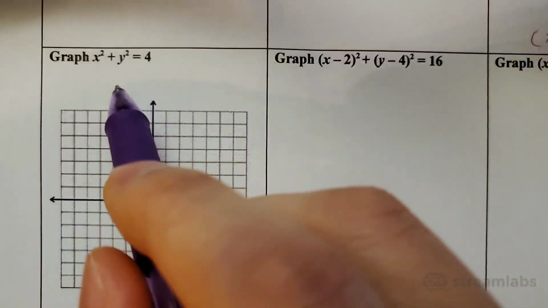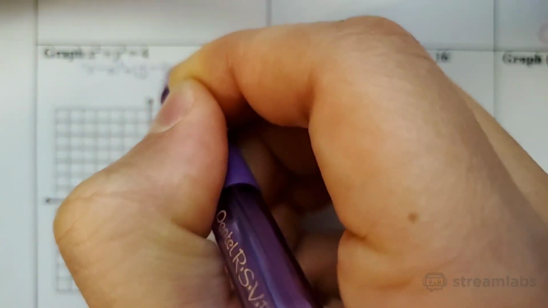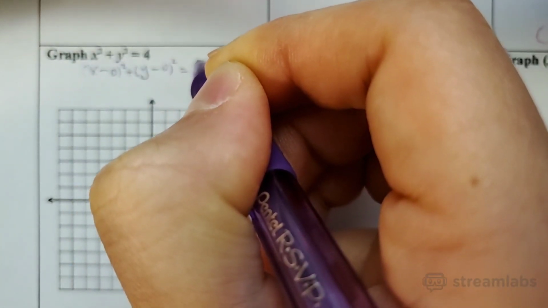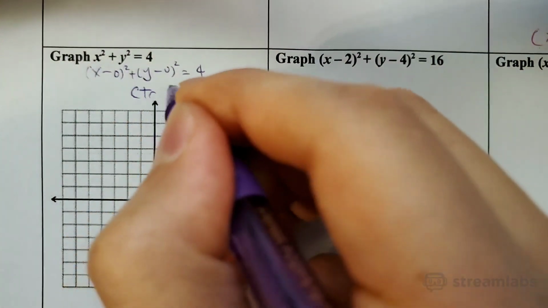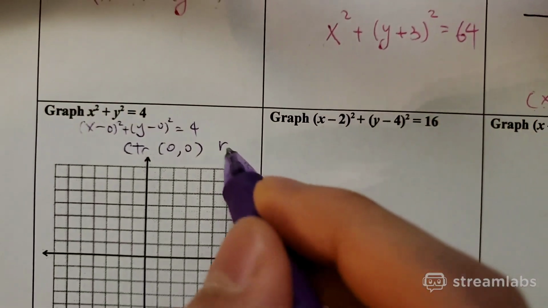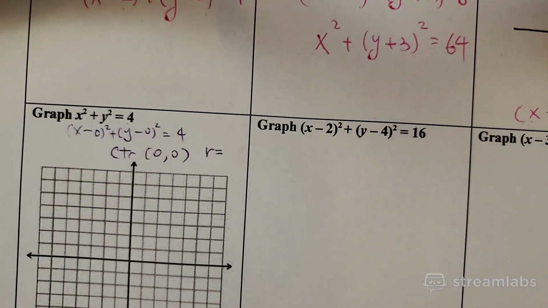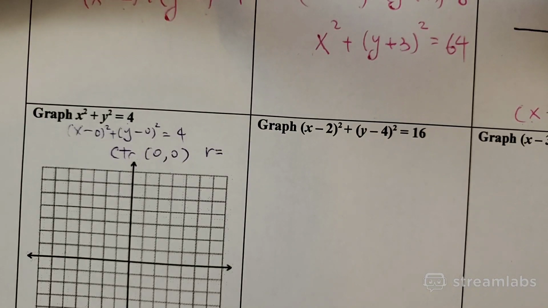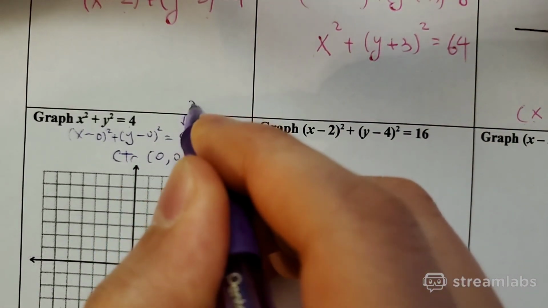Very good. Because it's the same as x minus 0 squared plus y minus 0 squared equals 4, right? So your center is 0, 0. What will be your radius then? Is it 4? 2, right? Because this 4 is 2 squared.